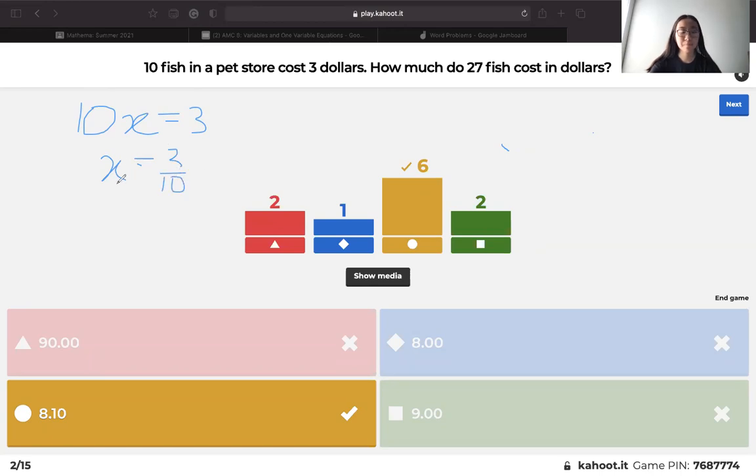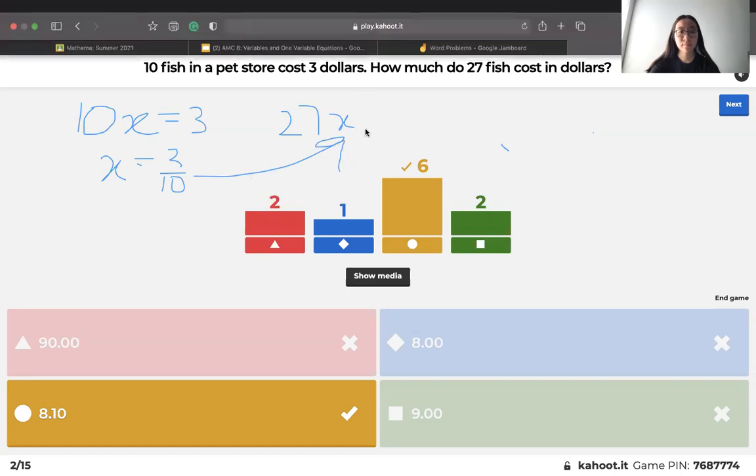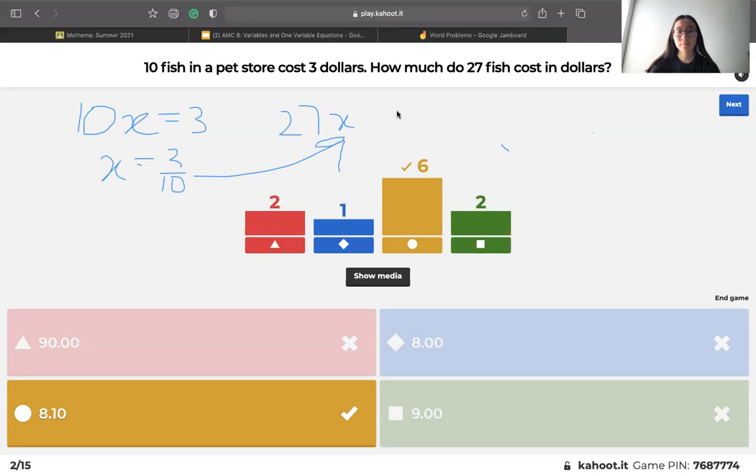Then we can put this into this expression, 27x. If you put this in here, you can get this answer you see. So one fish is 30 cents.